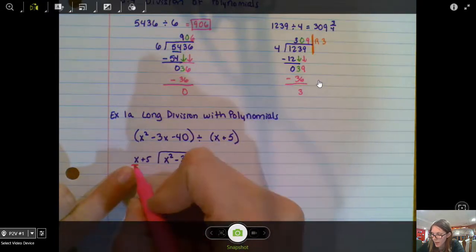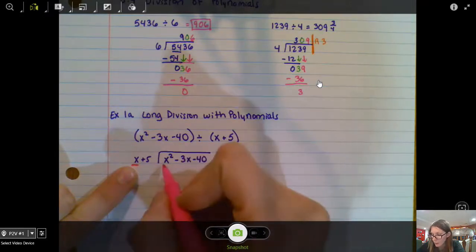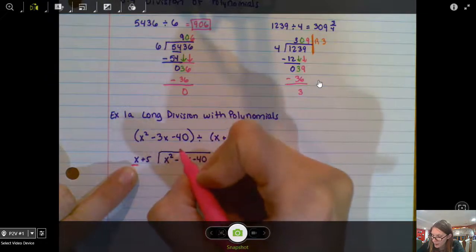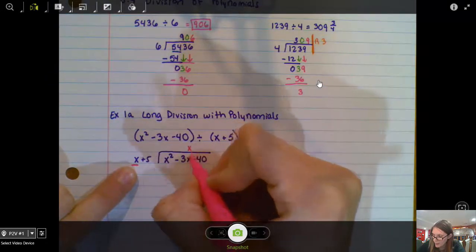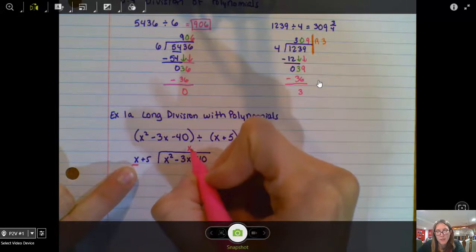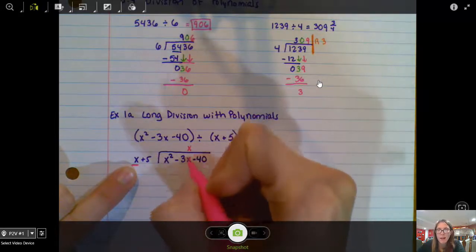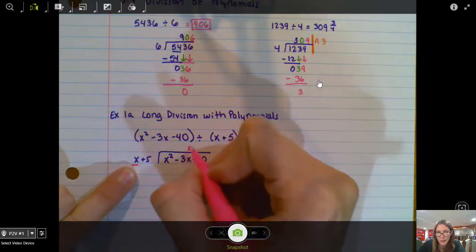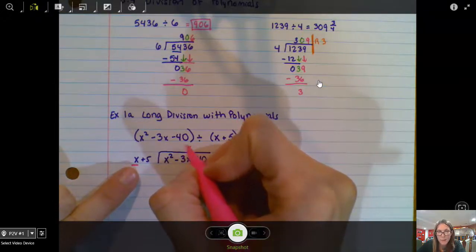Well, x times x gives me x squared. Since I have to multiply by x, I'm going to write my x, but I'm going to write it so that my x's line up, so that I have my like terms in a column. And as soon as I figure out what I need to write up top, multiply by what's out front.